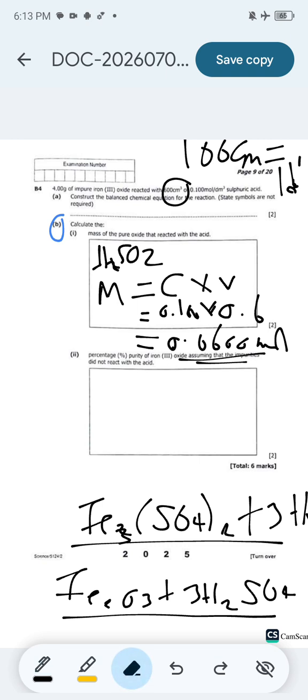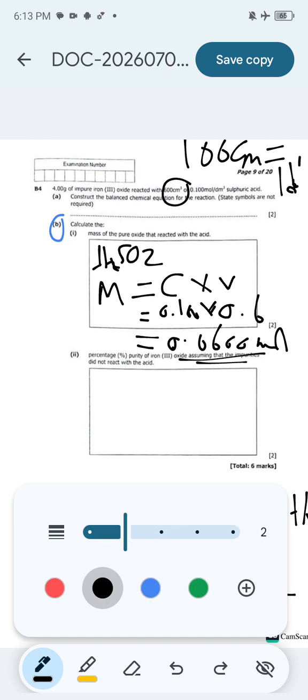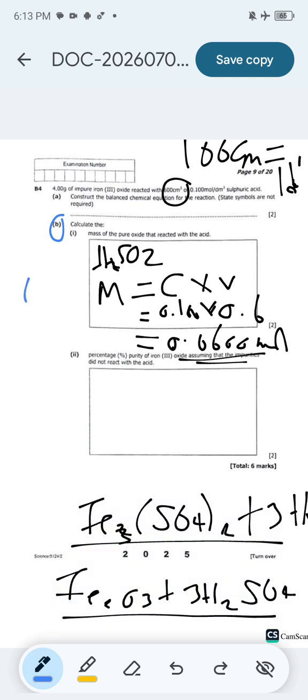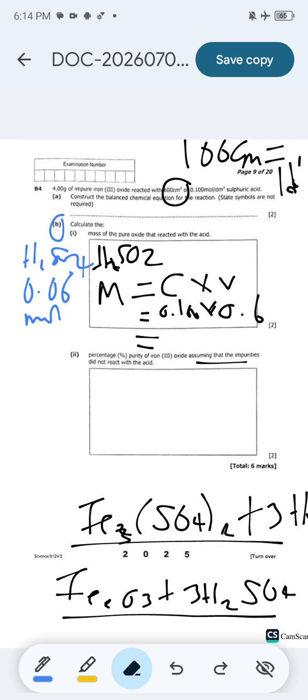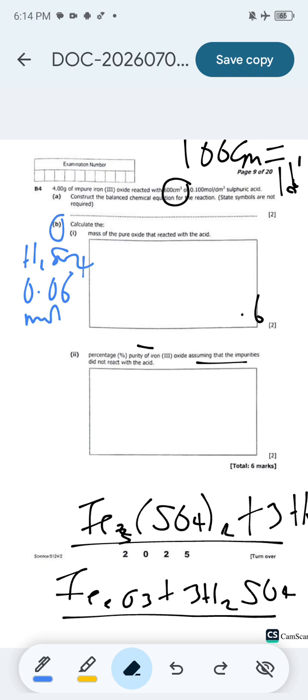We are going to write it somewhere because we need the space. So 0.06 moles is the number of moles for sulfuric acid. So that was the first step.